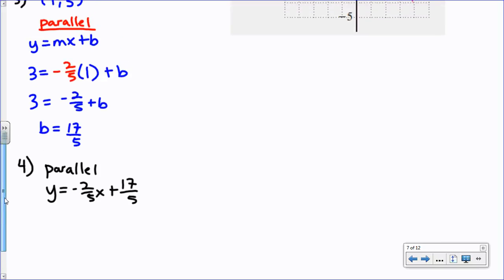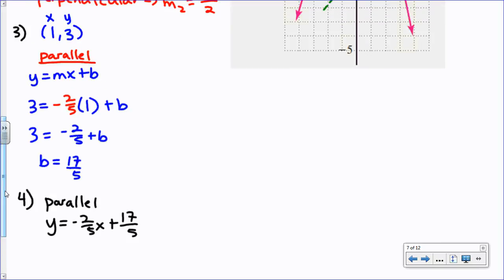Let's go back here and do the same thing with perpendicular. So 3 equals 5/2 times 1 plus b.